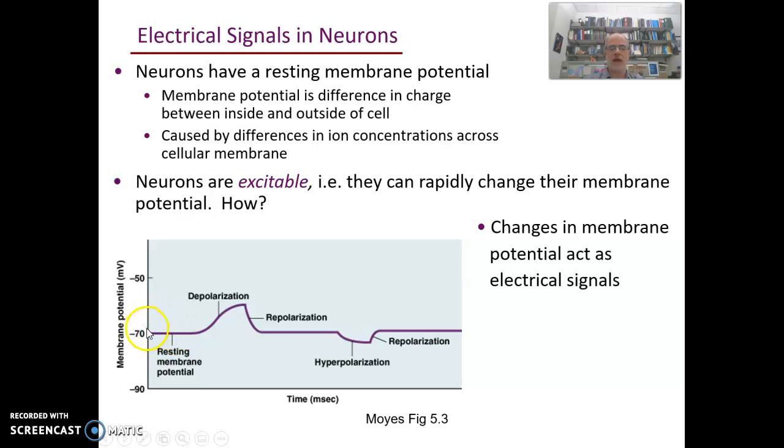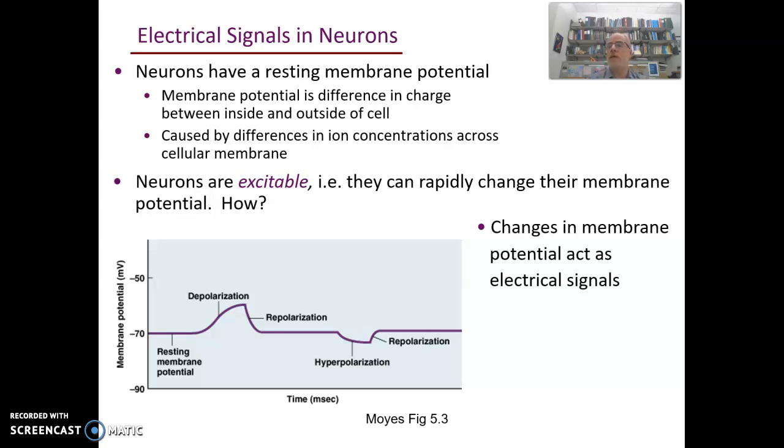The more negative the resting membrane potential is, the more work can be done by this difference in potential across the plasma membrane. And in most animal cells, the resting membrane potential varies quite a bit, between about minus 5 millivolt all the way to about minus 100 millivolt.